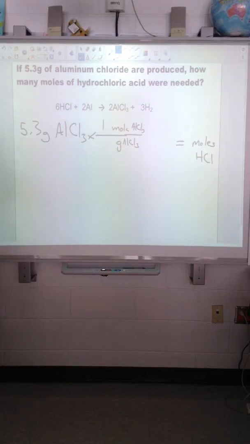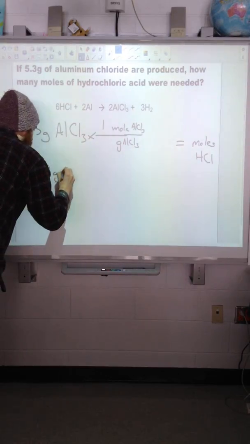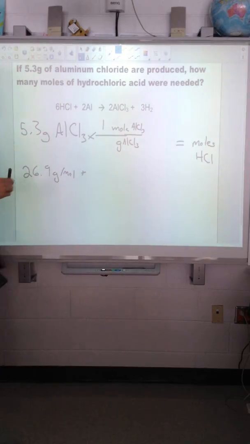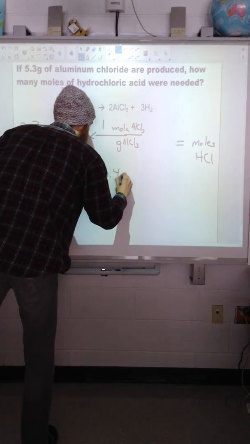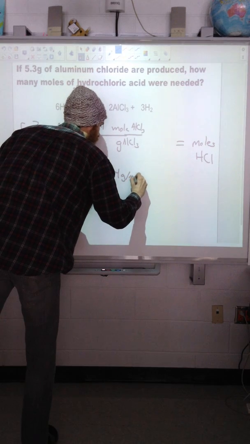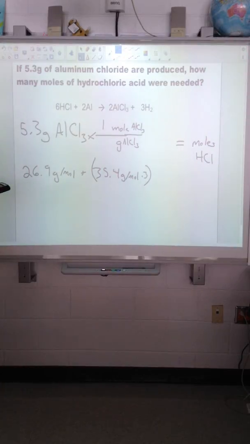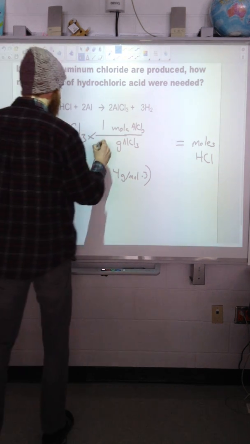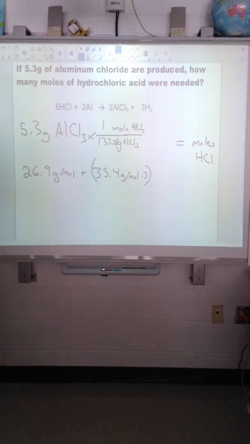Aluminum's molar mass is 26.9 plus chlorine's 35.45 times 3. So 26.9 plus 3 times 35.45, and we get 133.25 grams per 1 mole of aluminum chloride.